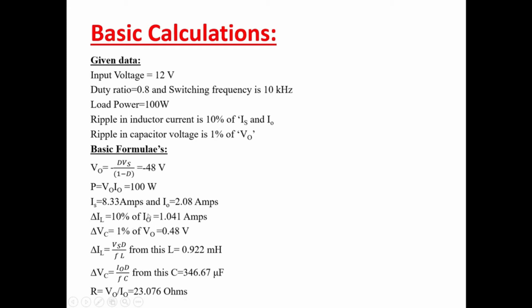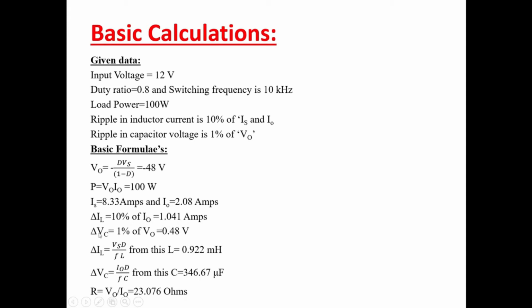10% of, sorry, here I made a mistake. We have to consider the summation of both Is and Io, that I did in the calculation. So that is coming 1.041 amps. Typing mistake here, please consider.